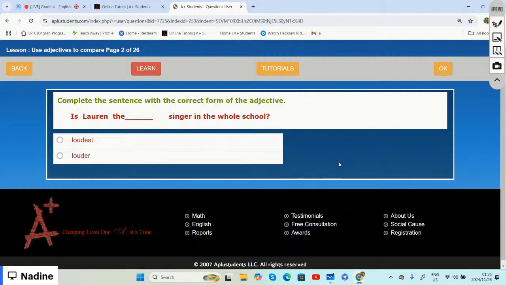All right, and if we were to select the correct answer, we can say, is Lauren the, well done, the loudest singer in the whole school? Because we are comparing it to the whole school, which is more than two people. Well done.